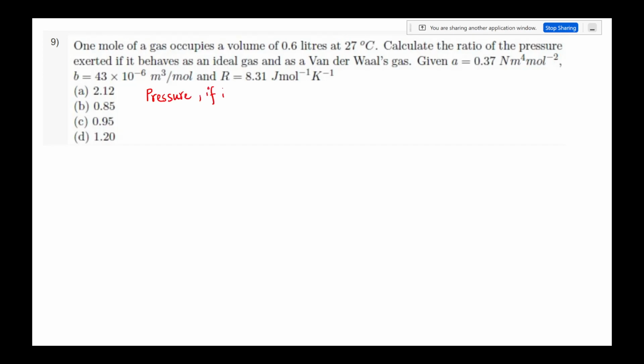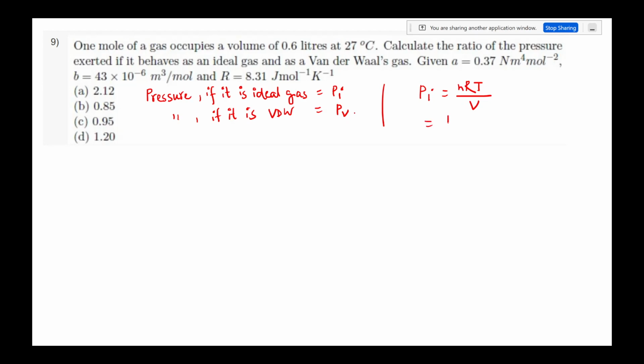Pi is the pressure if it is an ideal gas, and PV is the pressure if it is van der Waals. Now for ideal gas, what is Pi? There is 1 mole, so no problem with that. It is nRT by V, right?